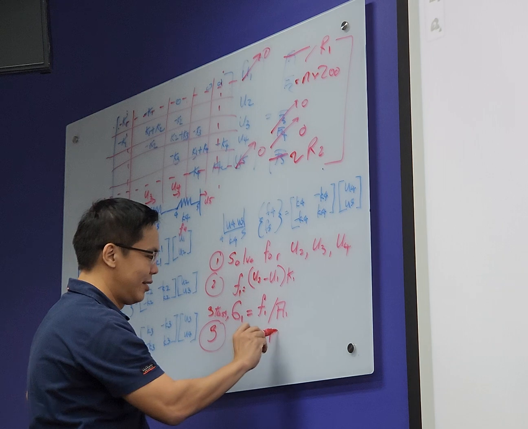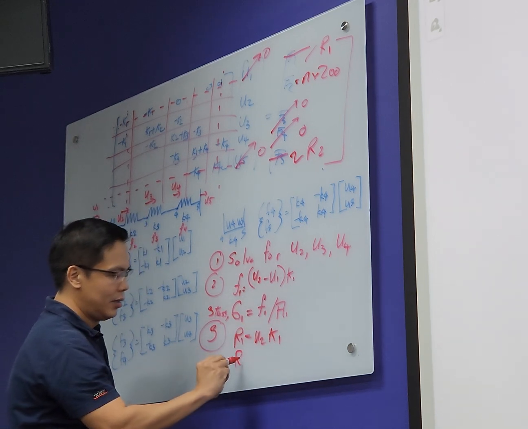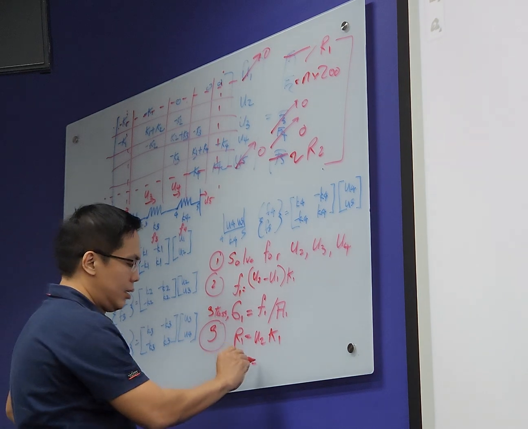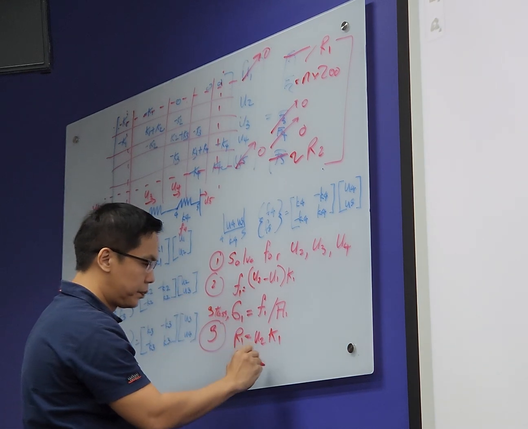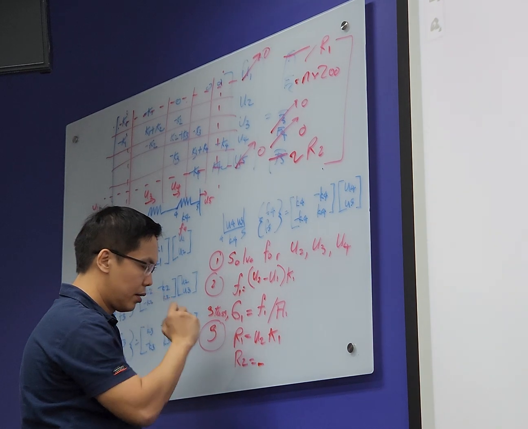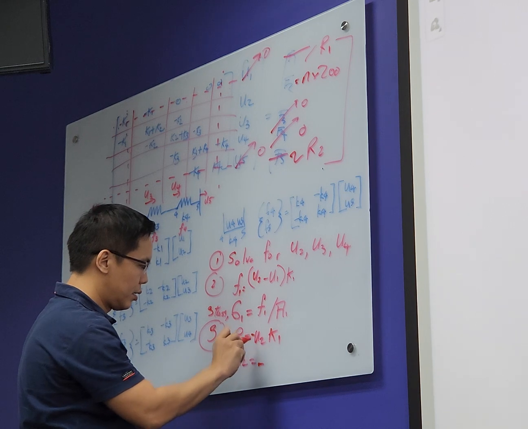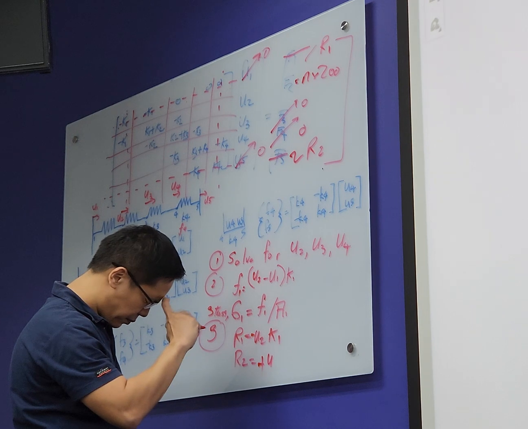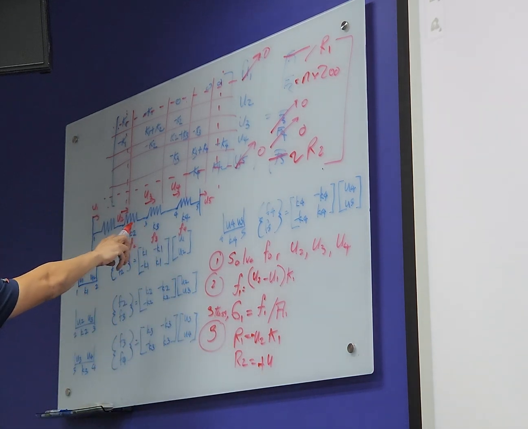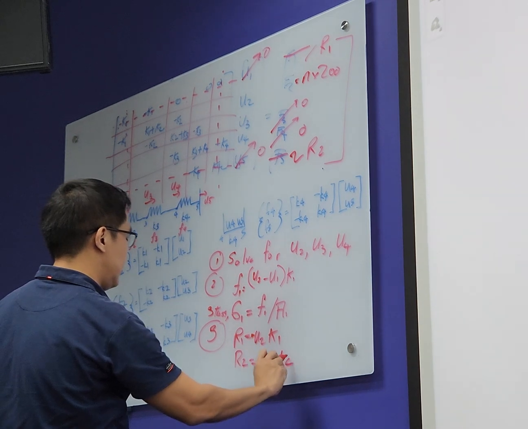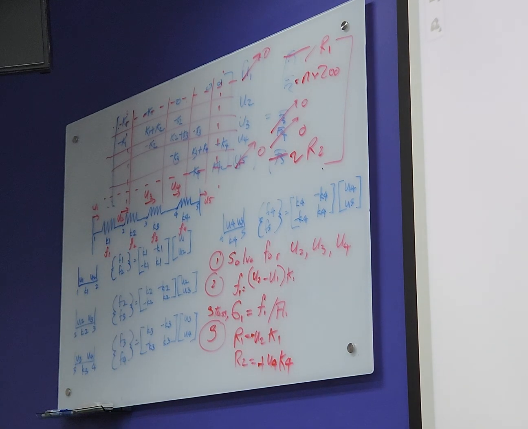Okay? R2 equals K4 U4. Okay? Can? That's it.